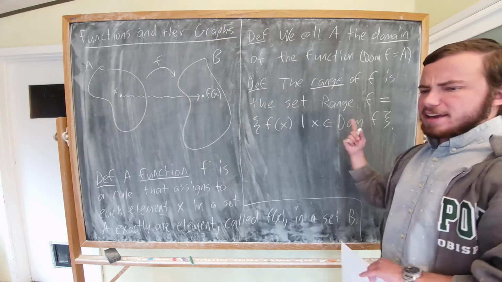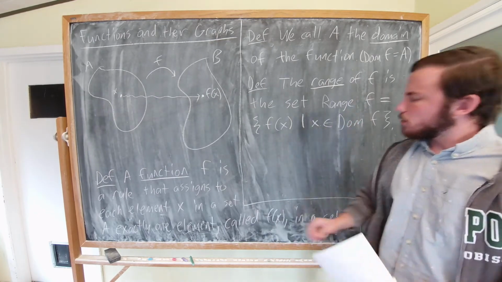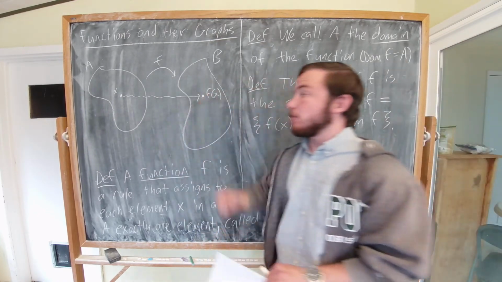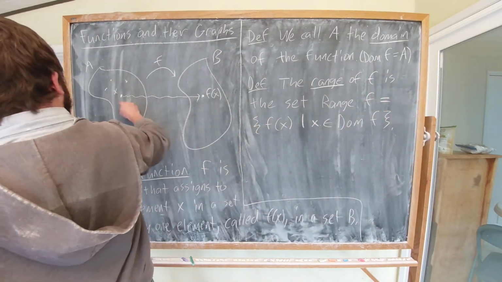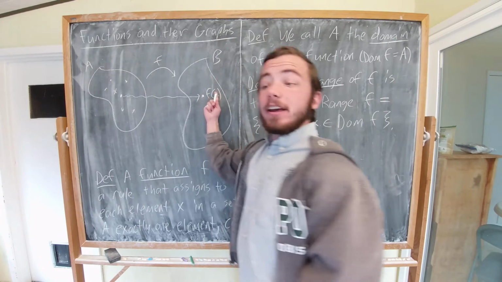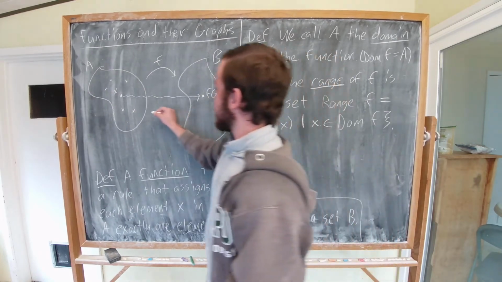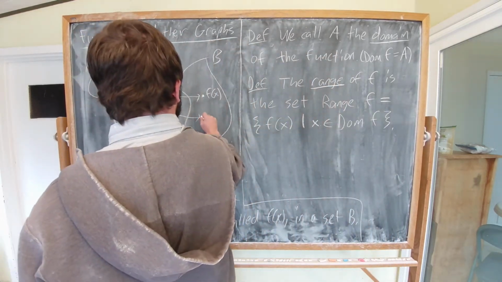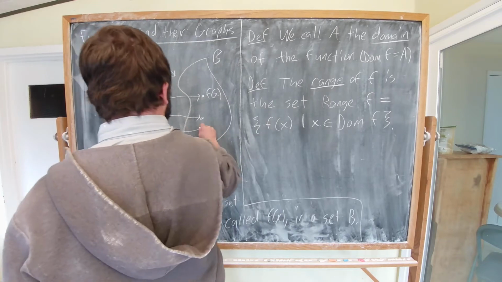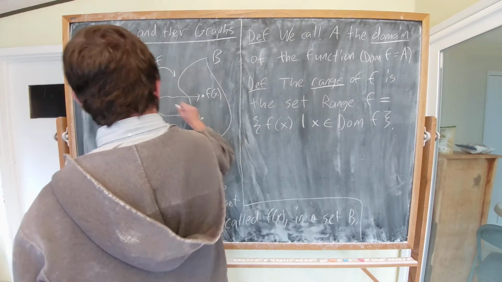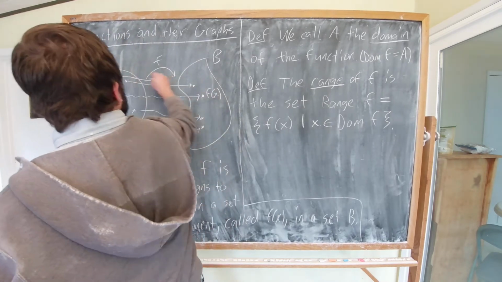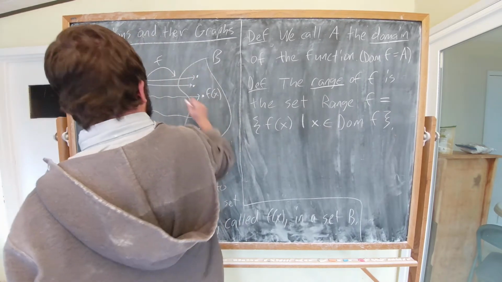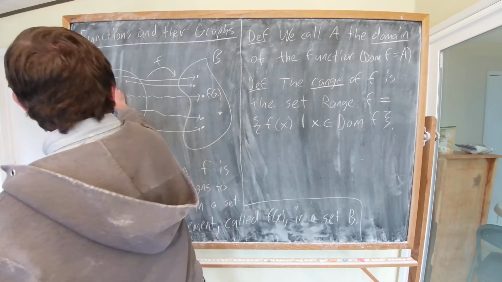So, what is this? Well, let's say maybe we have a bunch of elements over in A. And they get sent over to B by f. Maybe this one curves all the way around here.